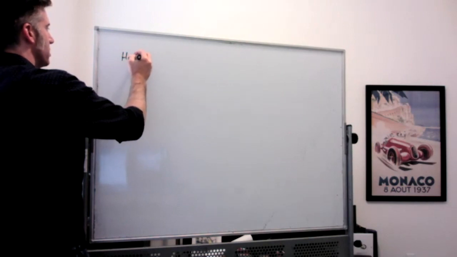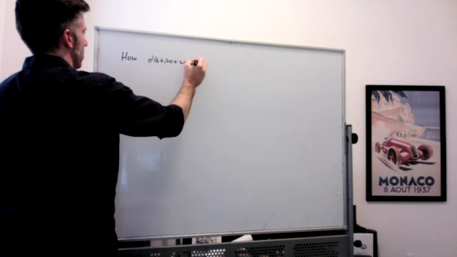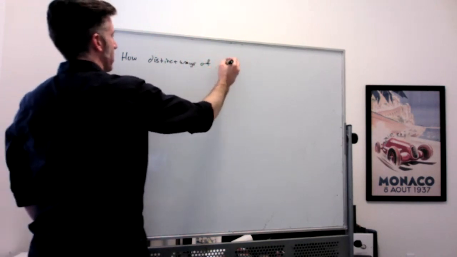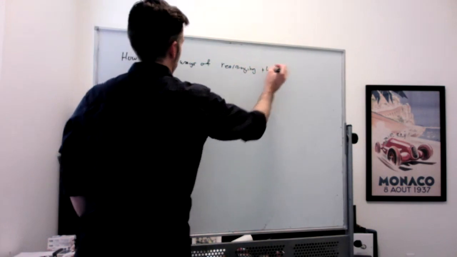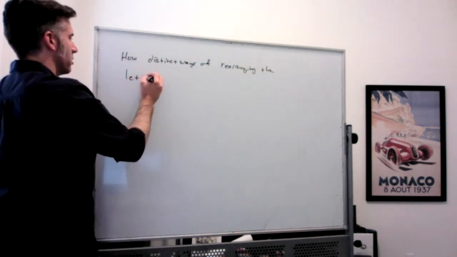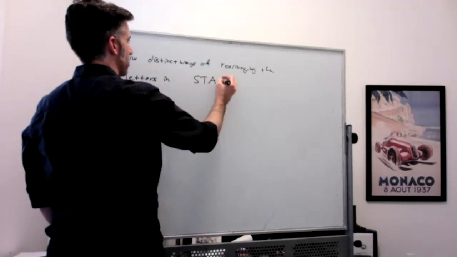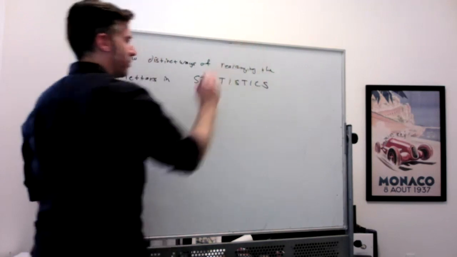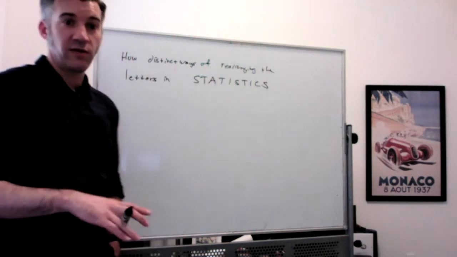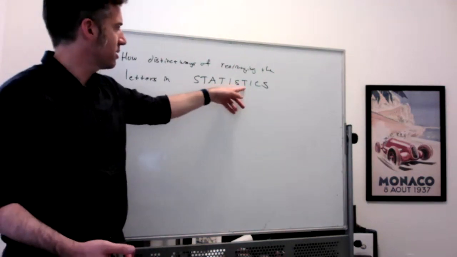How many distinct ways of rearranging the letters in the word statistics? Statistics. First of all, how many letters are there? 1, 2, 3, 4, 5, 6, 7, 8, 9, 10.